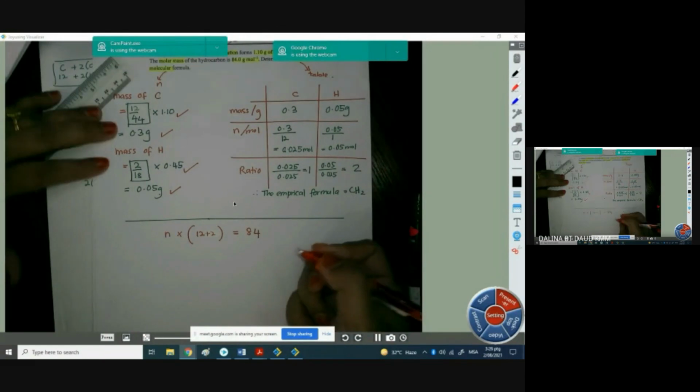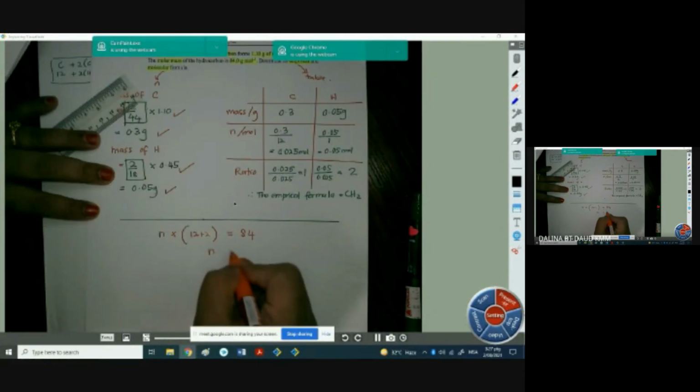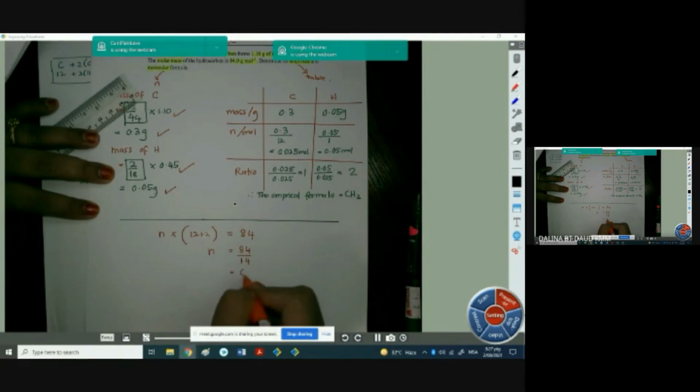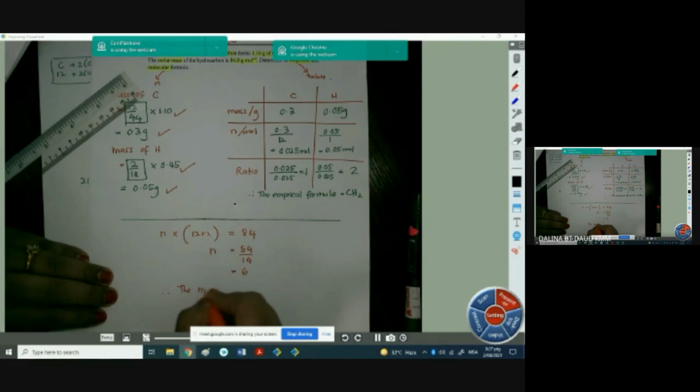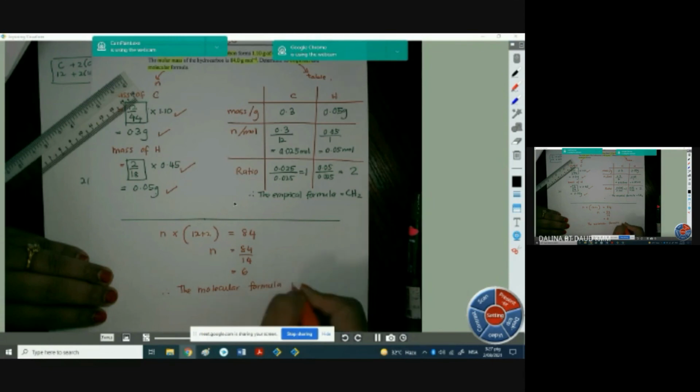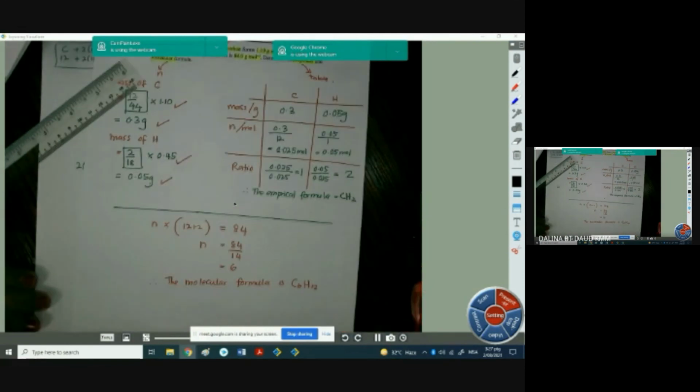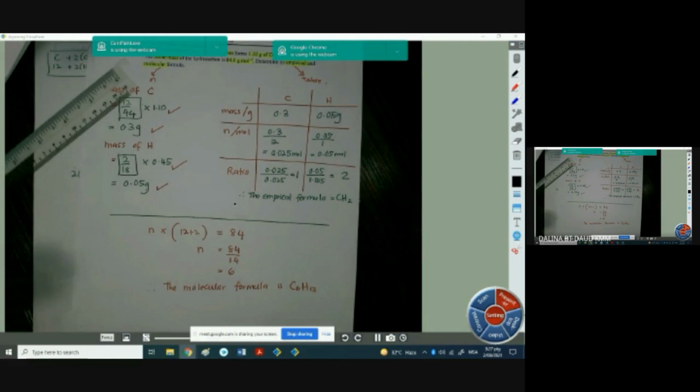Dekat soalan dah bagi 84. So, N equal to 84 divide 14 equal to 6. Therefore, the molecular formula is C6H12. Okay, it's done.